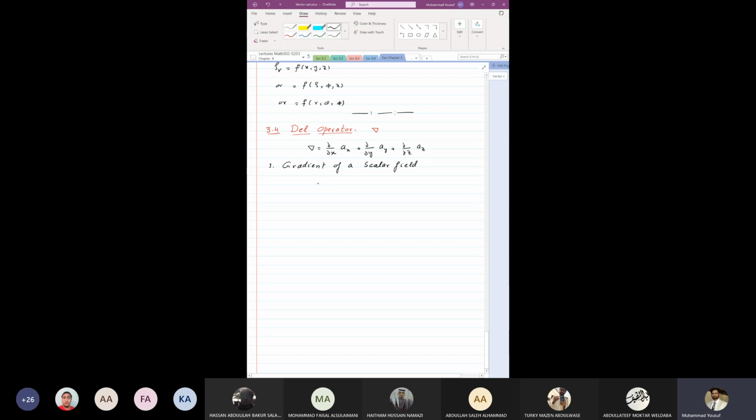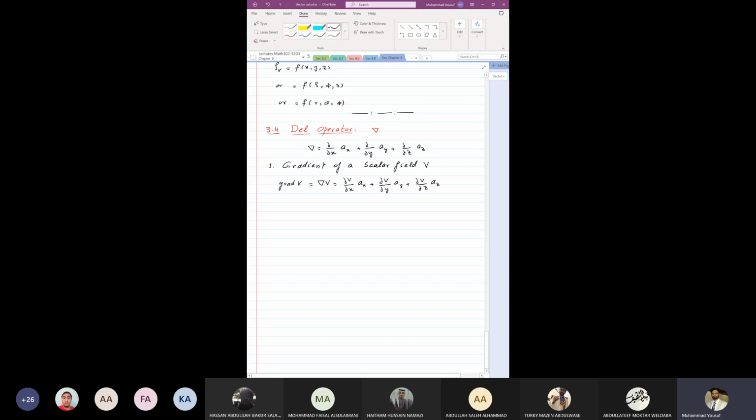And how is this gradient defined? Del of a scalar field, let us say V. So del V. What is del V? Gradient V. In some books we also use the word grad, grad V. Del V is partial of V by partial x, ax, partial of V by partial y, ay, partial of V by partial z, az.